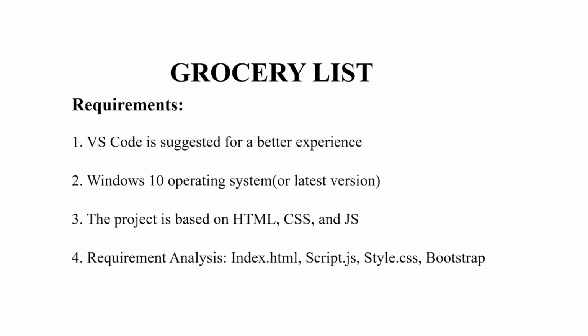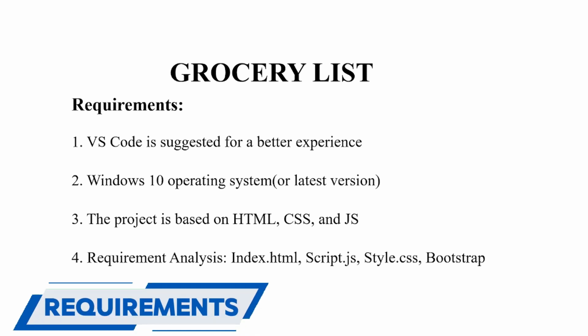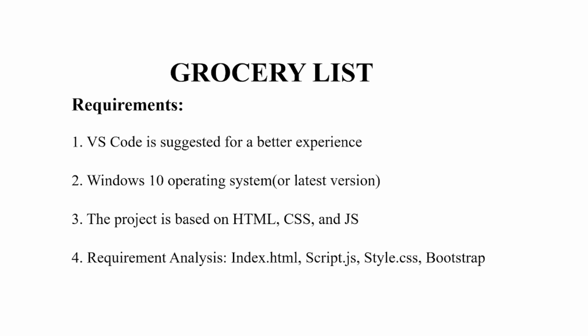Let's look at the requirements first. We require a text editor where we are going to write our code and run it, of course. VS Code is a text editor which I have used. Again, it depends on which text editor you're comfortable with, but VS Code is generally, popularly used. And we require an operating system again, because it's essential, right?